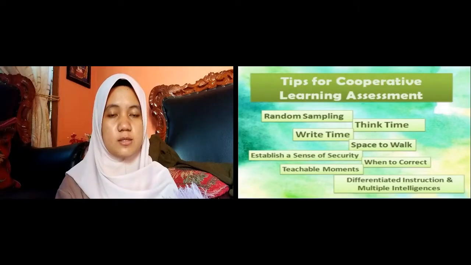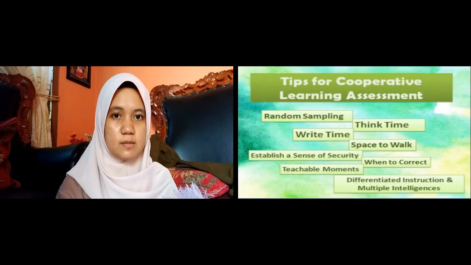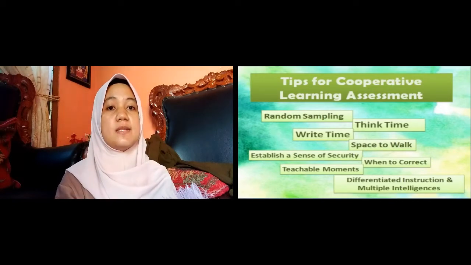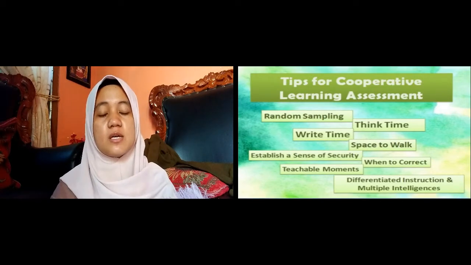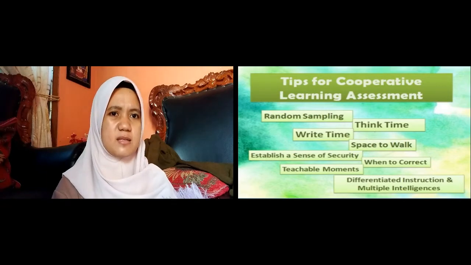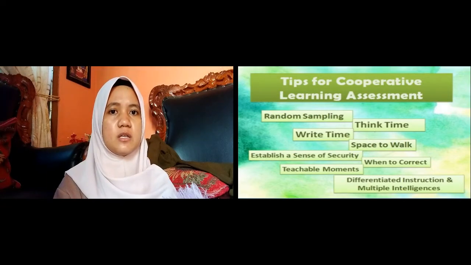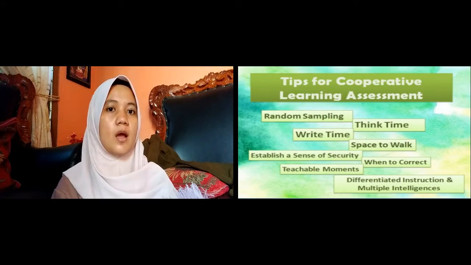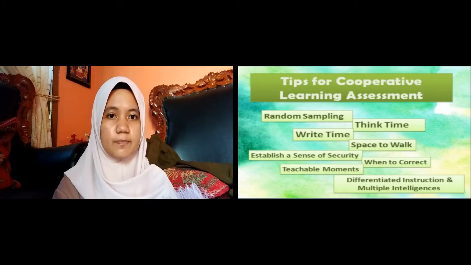Okay, the next one is tips for cooperative learning assessment. The first one is random sampling. To get a representative sample of the class, avoid calling on the same students who repeatedly volunteer to answer. The next is think time.